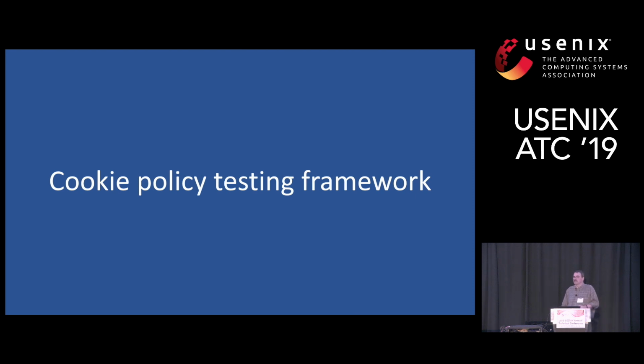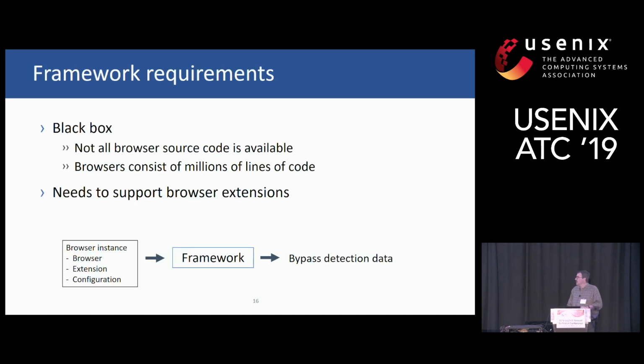And as it's kind of crazy to go at source code level with these types of code bases, we treated the browser as a black box, and the idea was to actually generate all the possible cases that could lead to a bypass of cookie leaking and apply them systematically on all the instances that we wanted to look at. So all the browsers, their versions, and the size of that framework actually depends, of course, on the number of test cases that you generate.